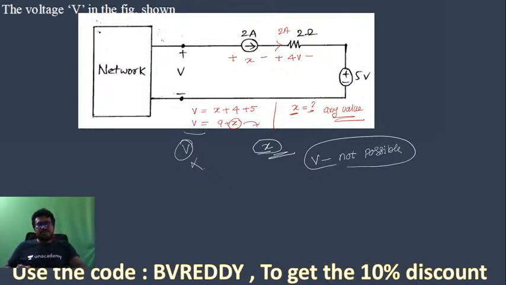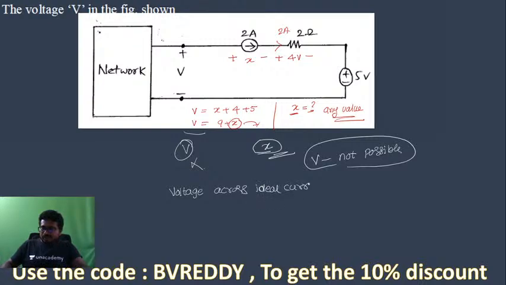Rajesh, understood this point? Write down this point here. Voltage across ideal current source.